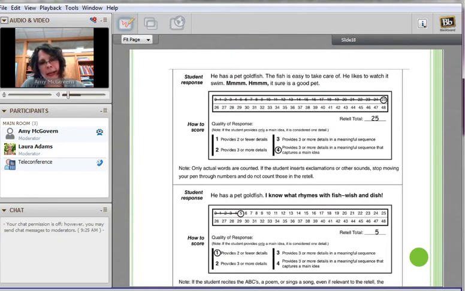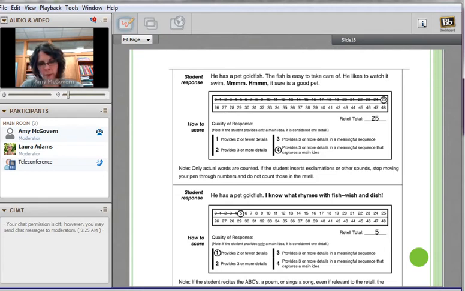So the retell fluency is another measure that's offered by DIBELS Next, and I've just included this one snapshot from their training manual, which I'm sure is familiar to all of you that are using it.